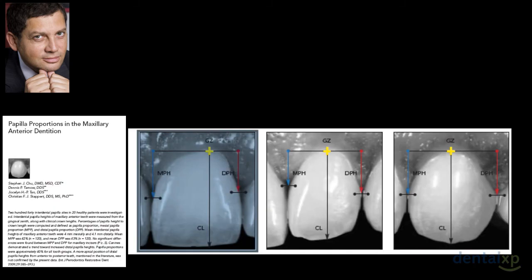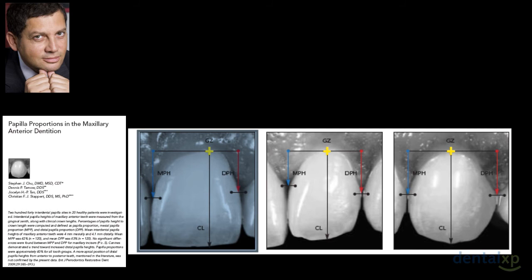Now we have a lot of publications which show us the predictability of the papilla. In a paper by Chu, they measured the papilla proportion in a maxillary anterior dentition, and they found that the papilla length is approximately 40% of the crown length of the natural tooth.